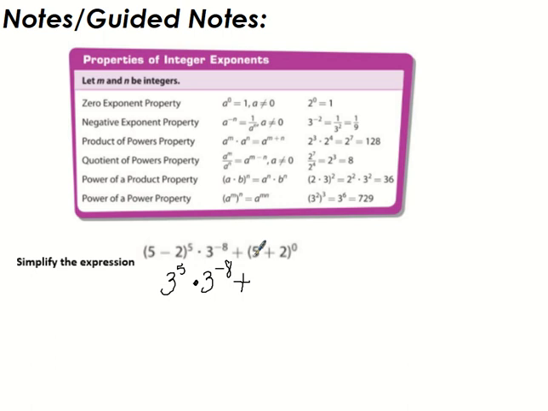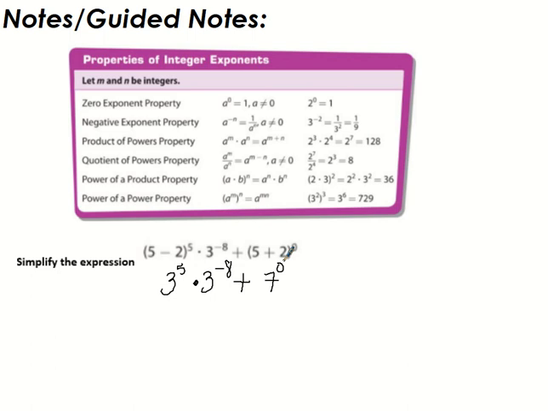Then I'm going to add 5 plus 2 is 7, and then I'm going to put the 0 power back on. The reason I can't apply everything into the parentheses is because they're not being multiplied, they're being added and subtracted. That's a different type of property than we are used to.